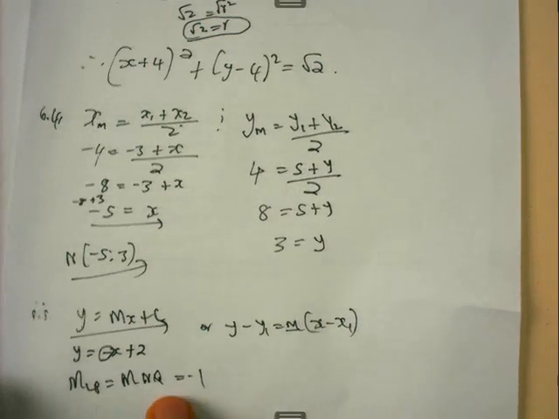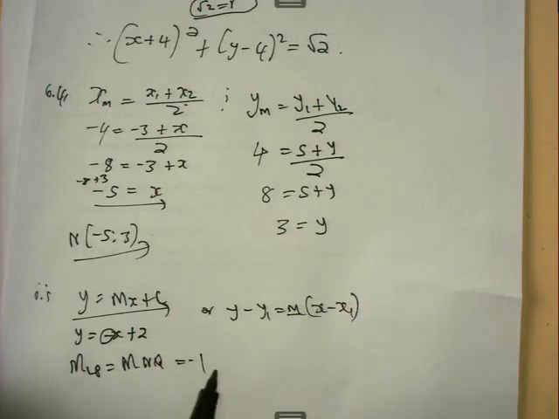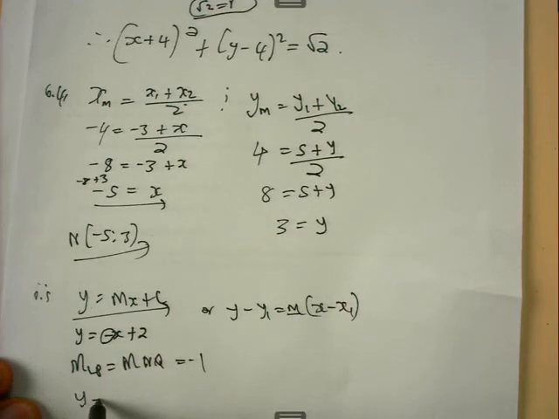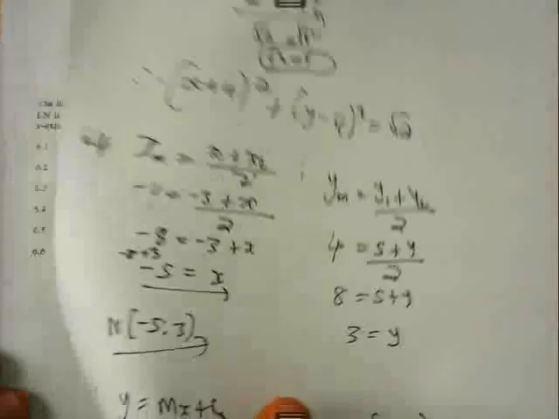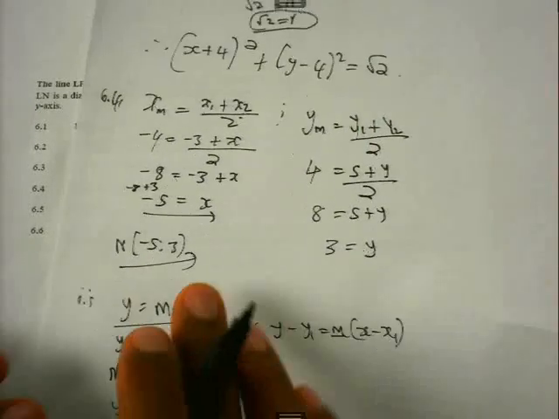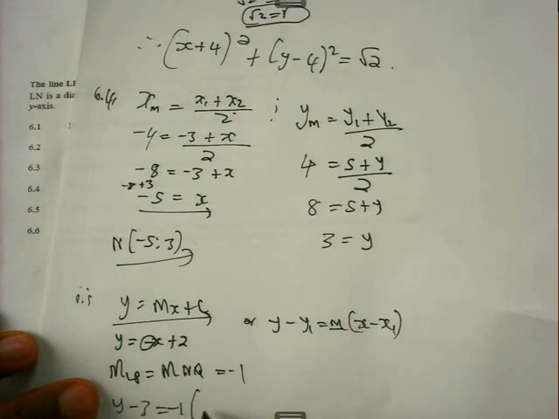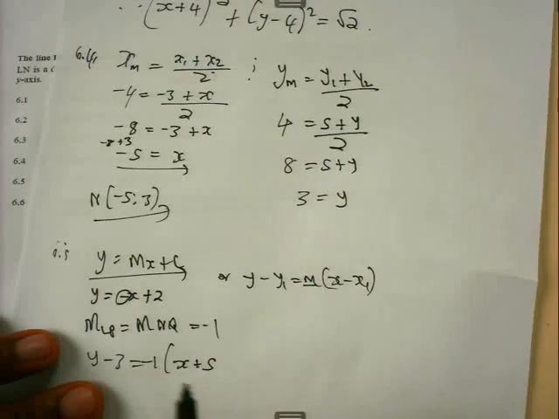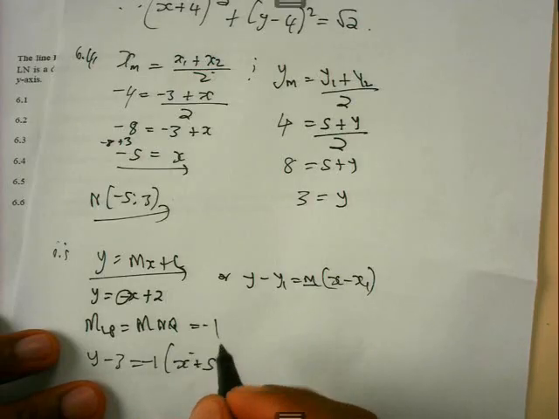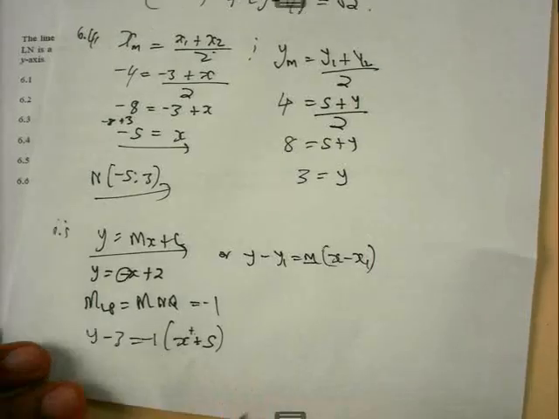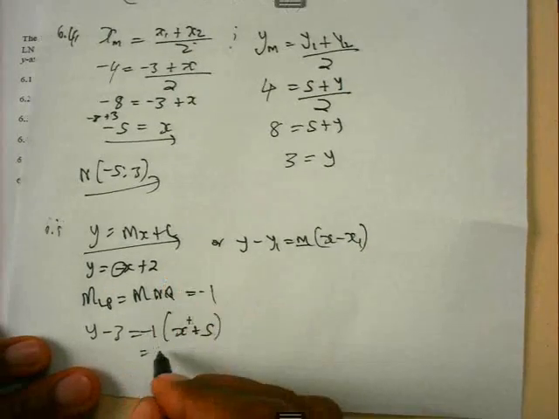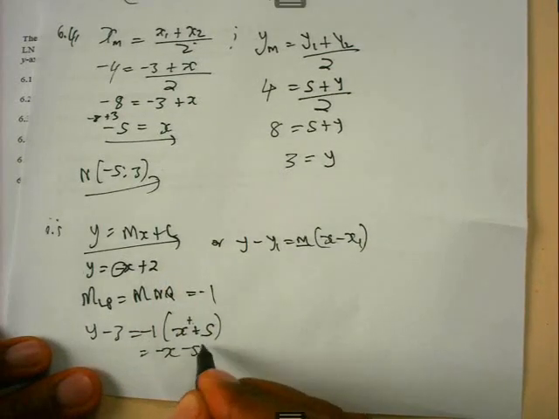Now you have the gradient, and therefore what you are going to do now is just to say y minus, you take the y value at point N, which is 3, equals negative 1 into x plus what? Plus 5. Why x plus 5? Because we have a negative here, negative times this negative, it will give us the positive 5. Right, from here we have negative x and negative 5.